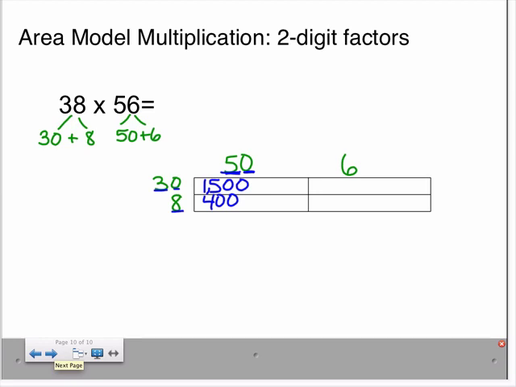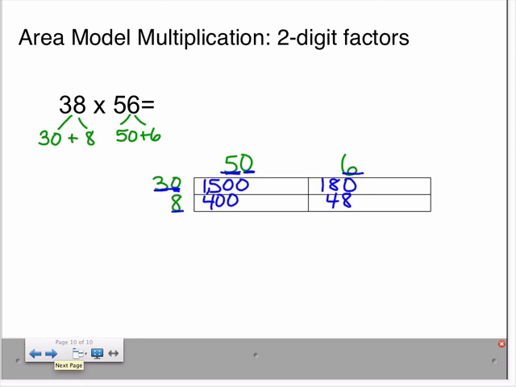Moving on to my next column, I'm going to start by multiplying 6 times 30. I know 6 times 3 is 18, and I will compensate by adding 1 0 because 30 has 1 0 in it. My last set of number buddies is 6 times 8. That's a basic fact that we memorize, and we know that 6 times 8 is 48.